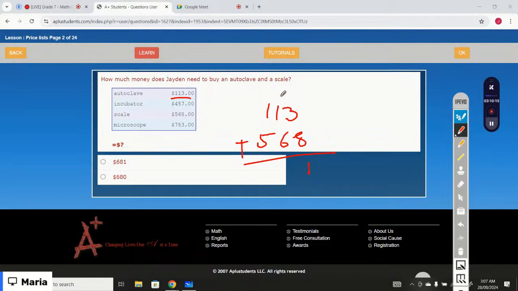8 and 3 is 11, 1, 1 carry, 6 and 1 is 7 and 1 is 8 and 5 and 1 is 6. That means Jaden needs $681 to buy these two things, right?